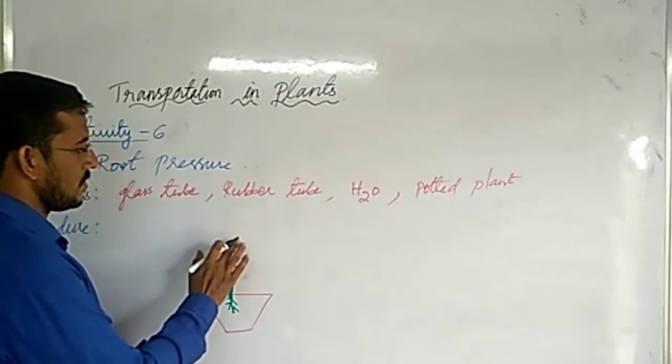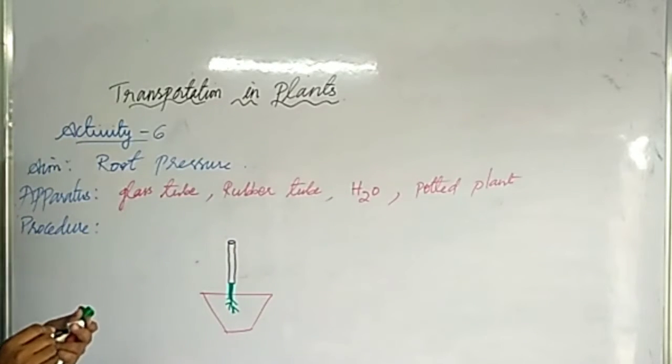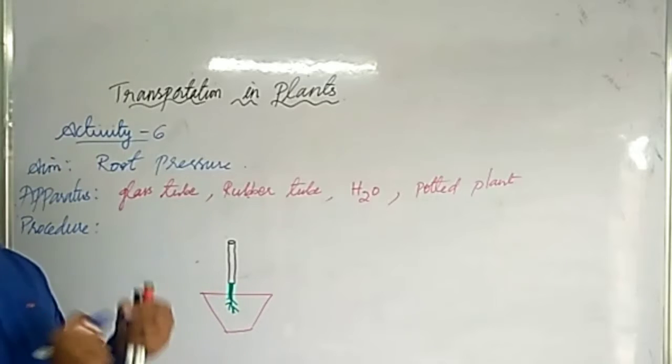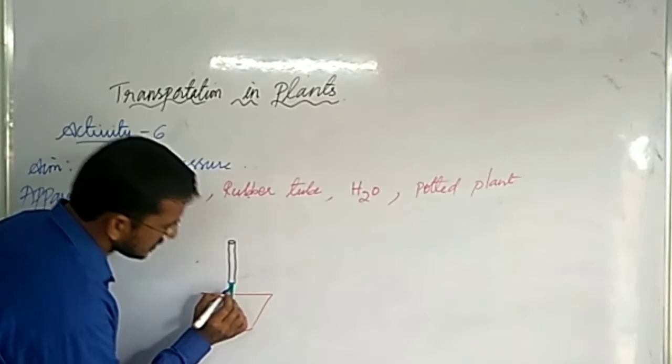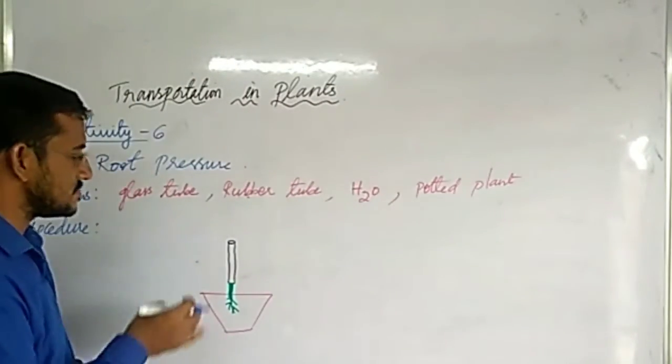So this is a glass tube. Now, with a rubber tube, tie this glass tube tightly to the stem. Understood? See that there is no gap or small hole, because water leakage may occur.